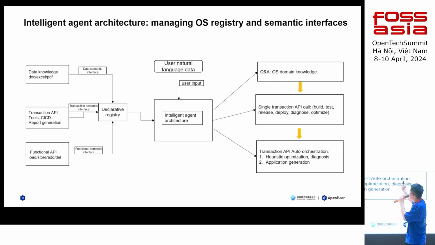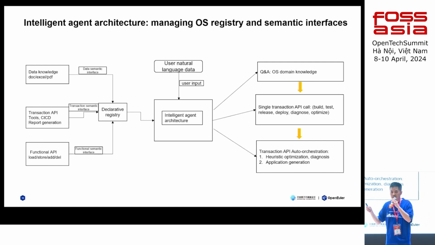Then if RPM is installed in our OS, the user can use our Q&A service to ask their question about the RPM. Not just like before, where we type a command, maybe --help. Now they can use a semantic query to ask the application to do the things they want.